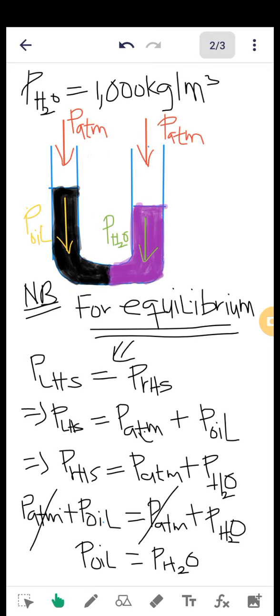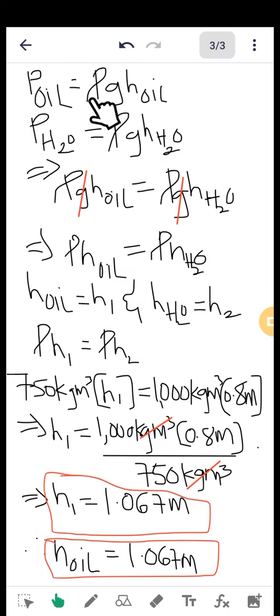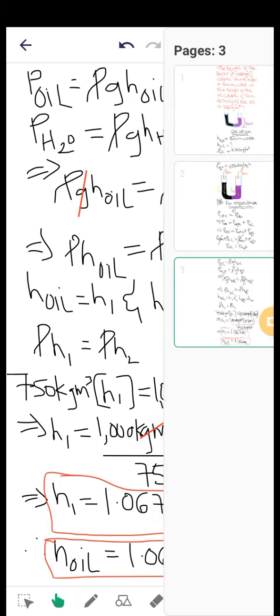One is the atmospheric pressure, the other is the pressure of the oil, because in fluids, because there is a height difference and gravity acting upon it, we normally write pressure in a fluid as the density of the fluid times the gravity times the height.